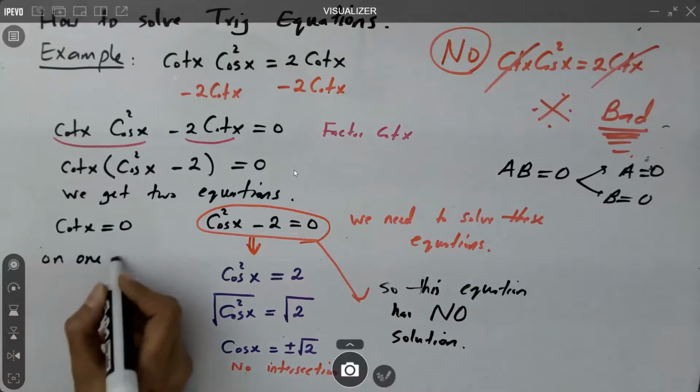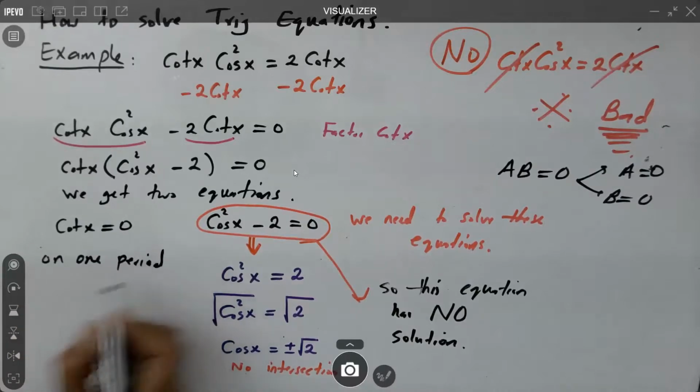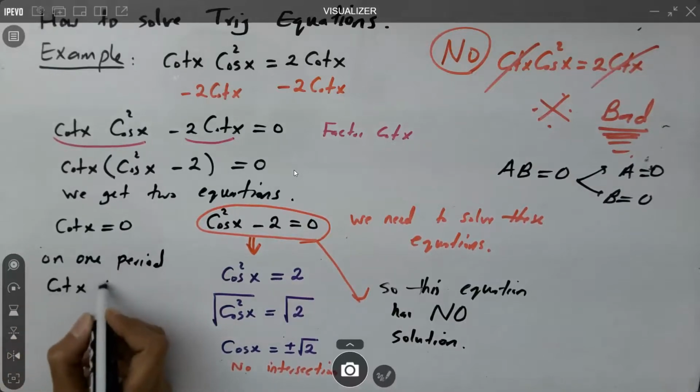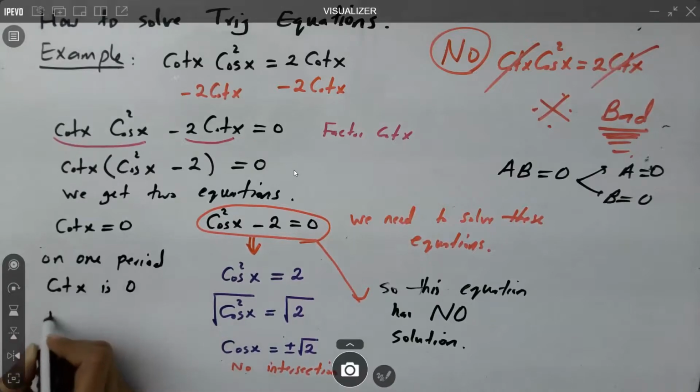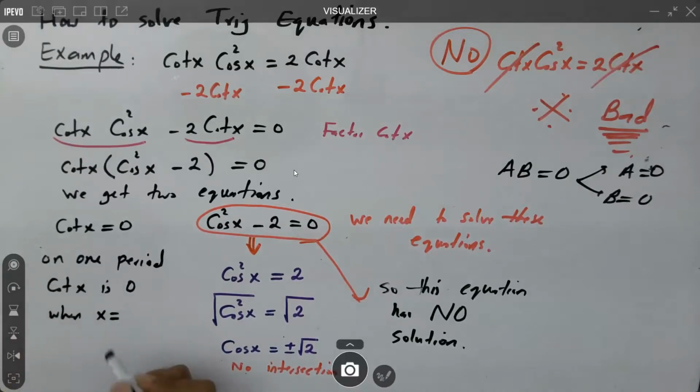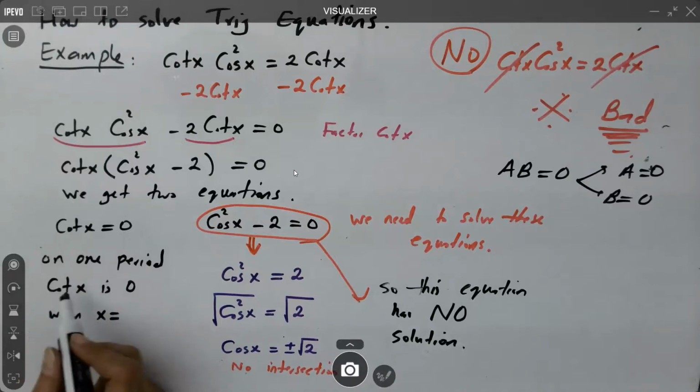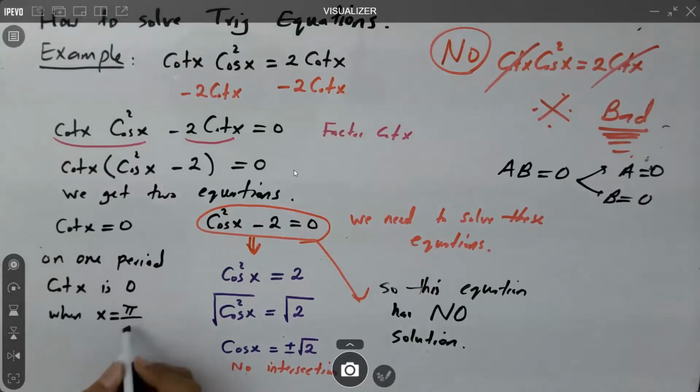On one period, cotangent of x is 0 when x is equal to, remember that cotangent was cosine over sine. It is 0 if its numerator is 0. Cosine is 0 when x is equal to pi over 2. Very good.